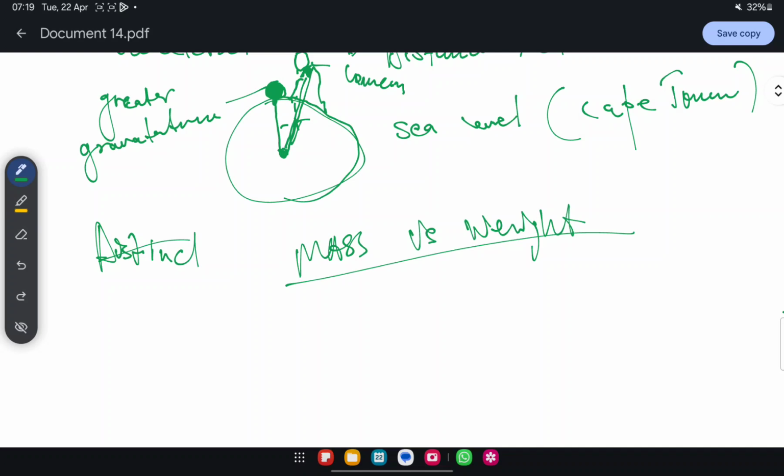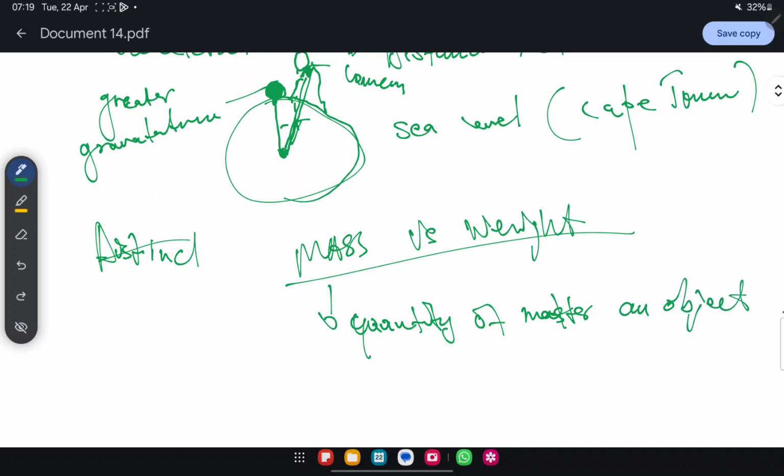So that is mass, which means the quantity of matter an object contains, and its SI unit is kg.